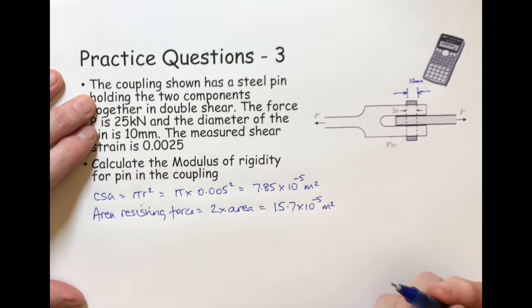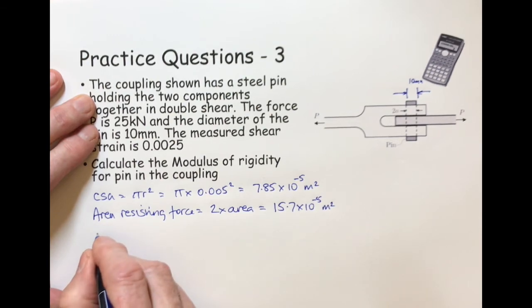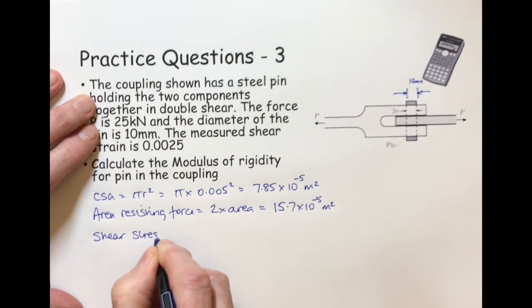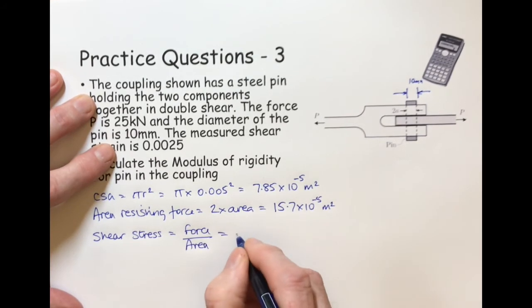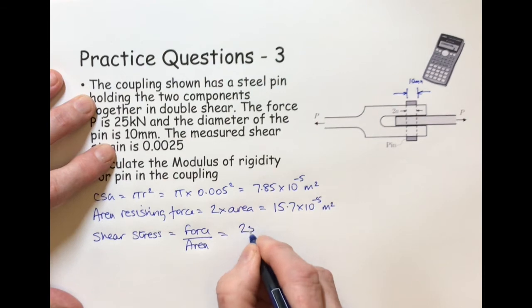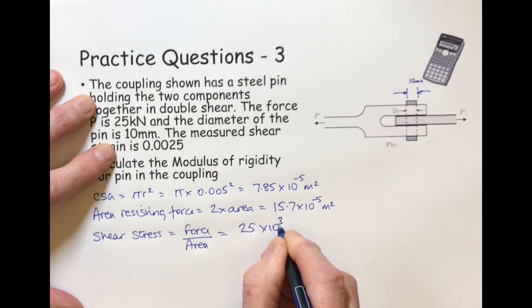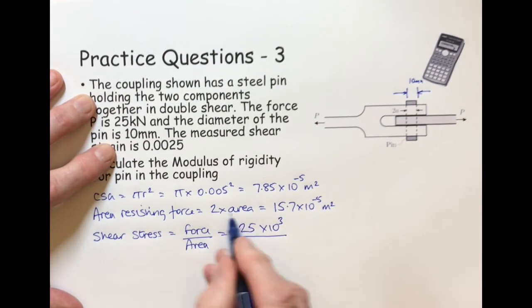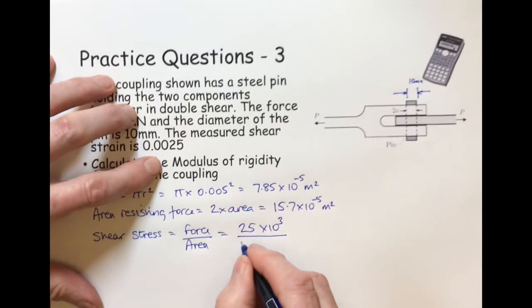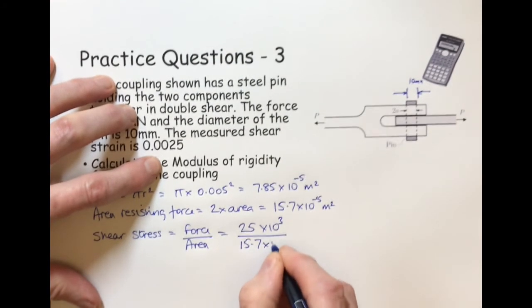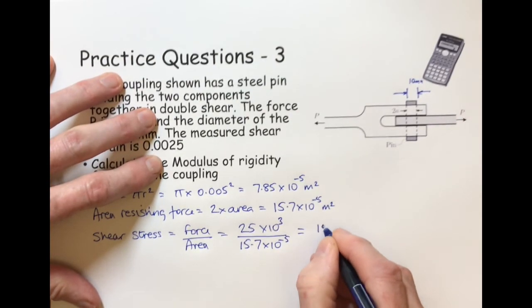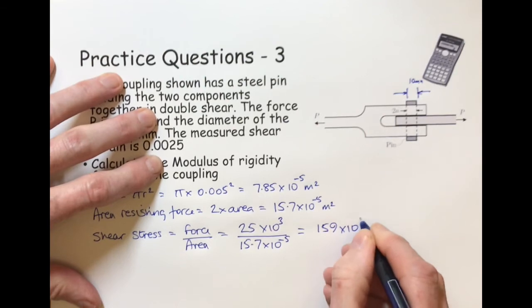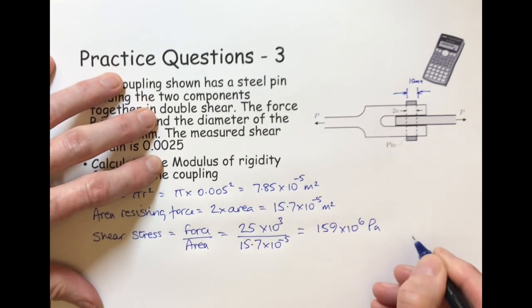Now the shear stress we know is tau is force over area. So let's write that out. In this case it's 25 kilonewtons times 10 to the power of 3 divided by the area resisting the force, which we know is 15.7 times 10 to the power minus 5, and that comes to 159 times 10 to the power of 6 pascals.